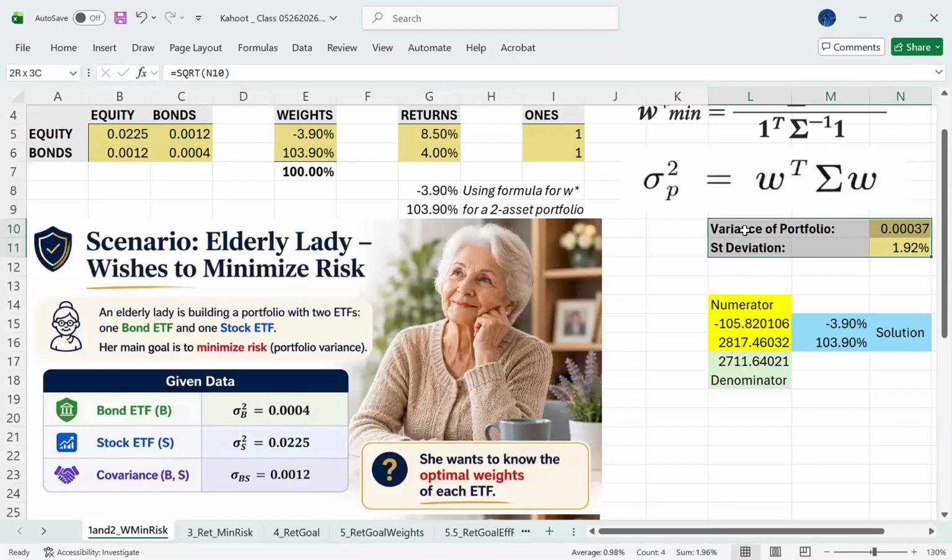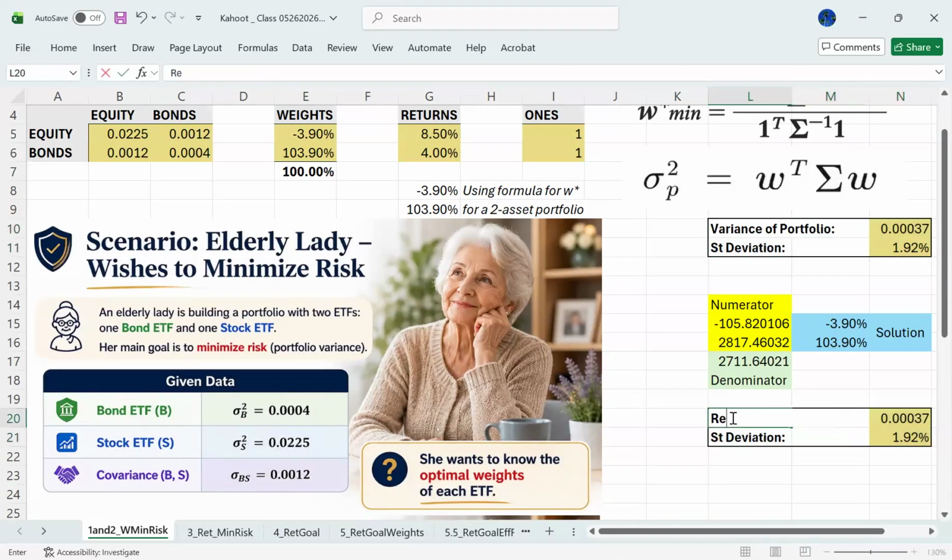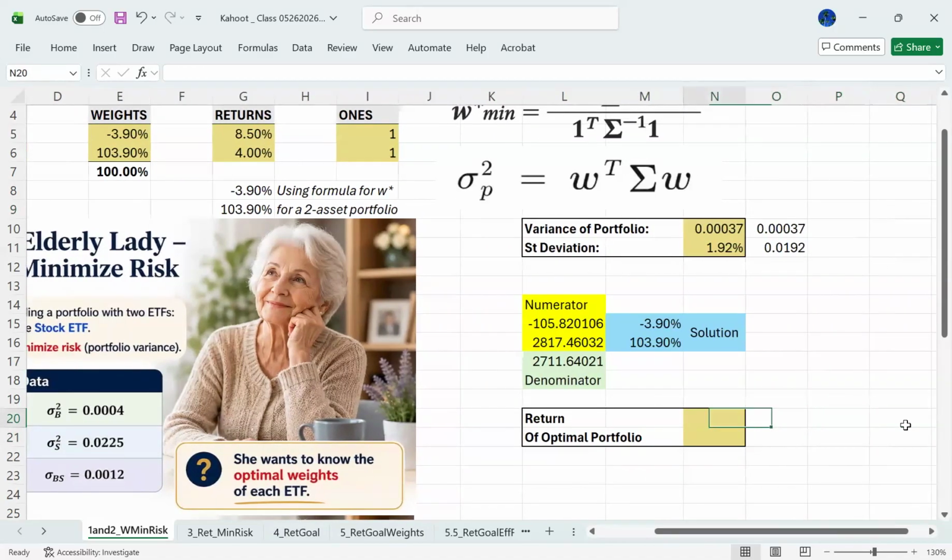Okay, let me just copy this. Let's say return of portfolio, optimal portfolio. Okay, and now we can use matrix form to get this, and the formula would be MMULT of TRANSPOSE of W, comma, ret.